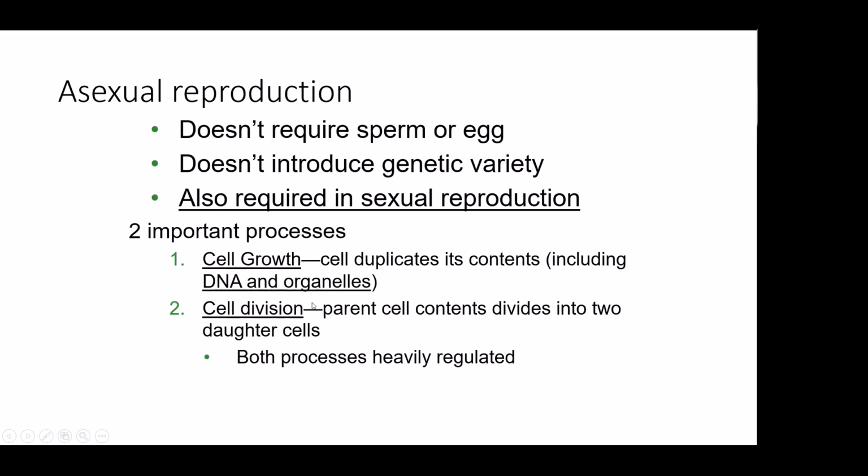The other component of asexual reproduction is cell division, where the parent cell divides and you have that process of separating the two pieces. And so obviously there is a continuous cycle. They always are informing each other, and all of them have checkpoints and are regulated within the cell in a variety of different ways.